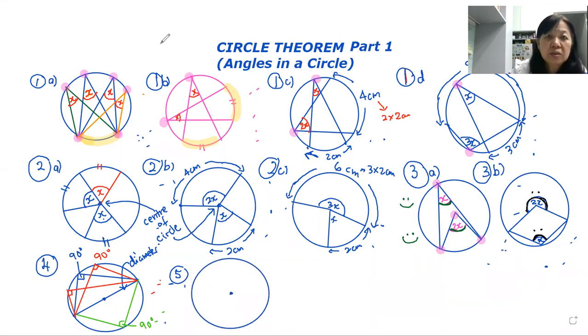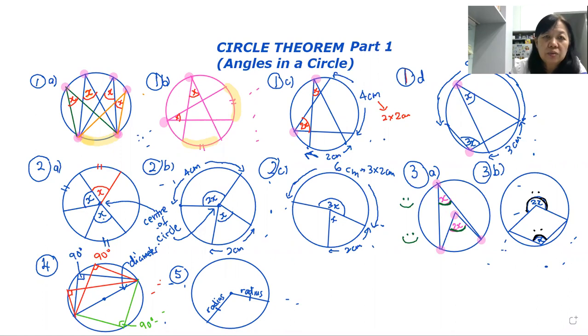Now this one has to do with the radius. Where's the radius? This is the radius, and this one is also the radius. This is the radius. And this is also the radius. So the radius of the circle is the same, right?